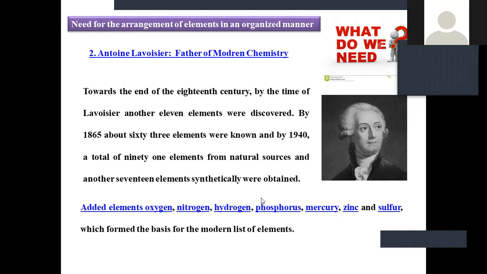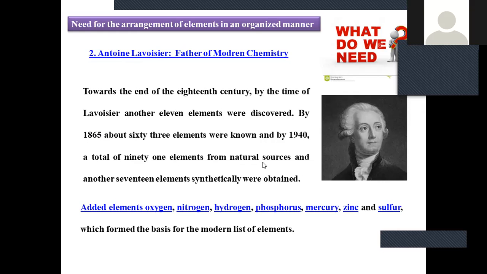They are emitting radiation, right? So at the time of Lavoisier, in total 24 elements were well known. Later, by 1865, many scientists worked on that and discovered 63 elements, added some more elements, and there was a gradual evolution. By 1940, a total of 91 elements were well known.